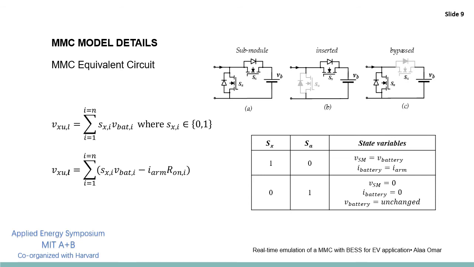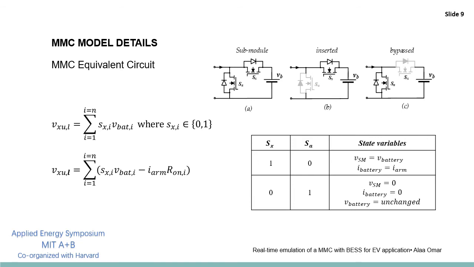To calculate this upper voltage, which is VAU, the switching behavior shall be represented. There are many methods to represent switching action, such as the detailed representation or physical model. The detailed representation actually requires significant modeling time. There is another approach, which is the equivalent arm modeling.